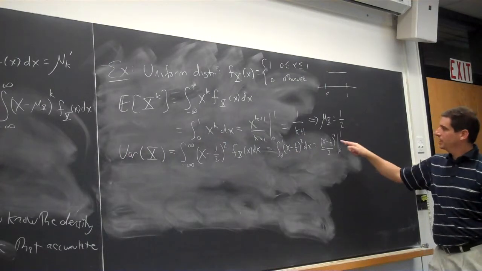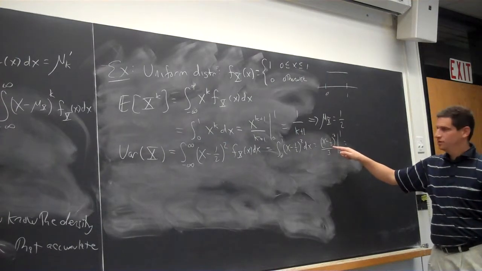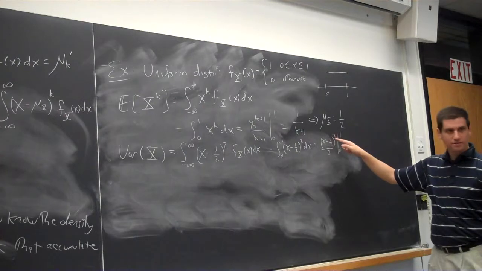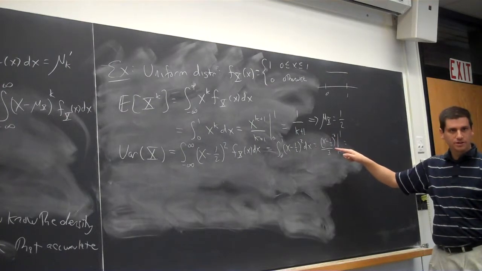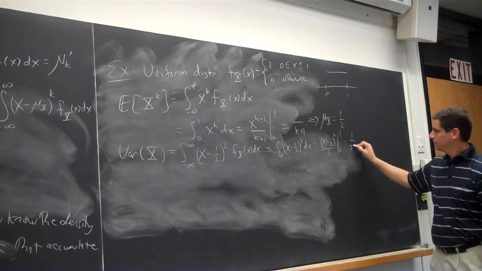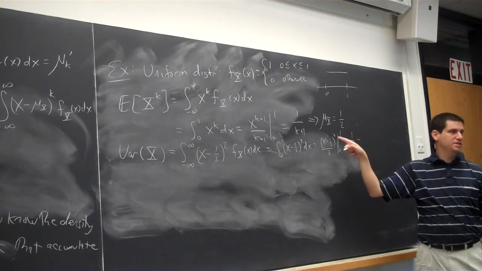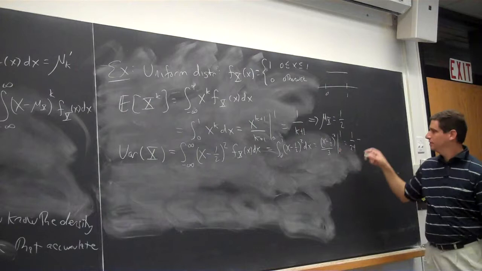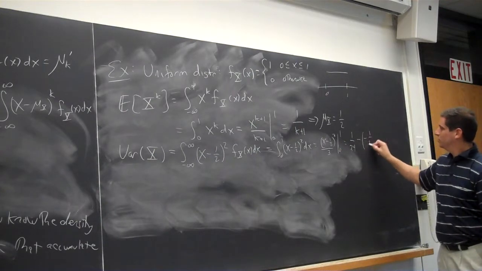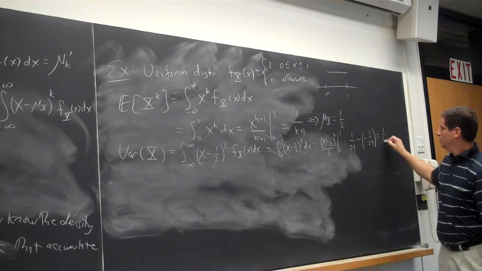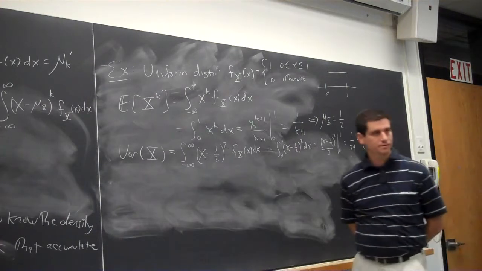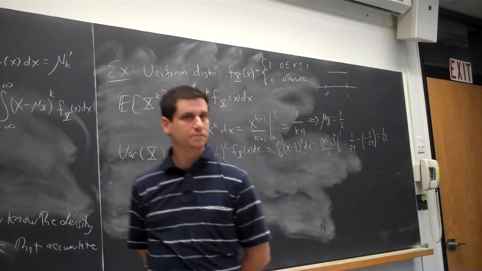And now when I plug in, I get 1 minus 1/2, which is 1/2 cubed, which is 1/8, right, over 3 is 1/24. Minus, and I'll have negative 1/2 cubed is negative 1/8 over 3. Minus negative 1/24 gives 1/12. Okay?